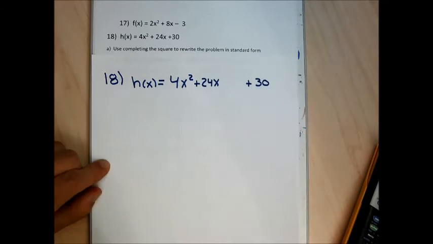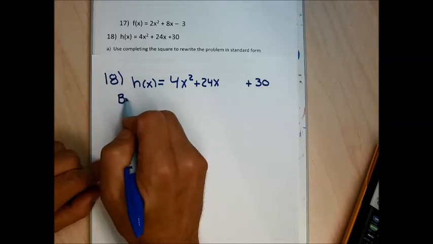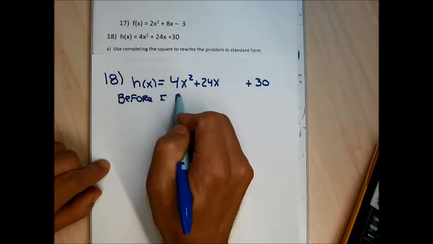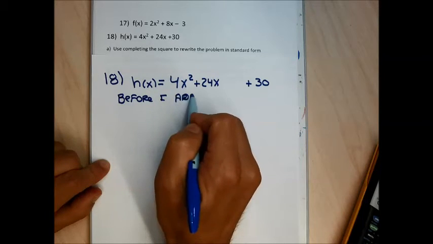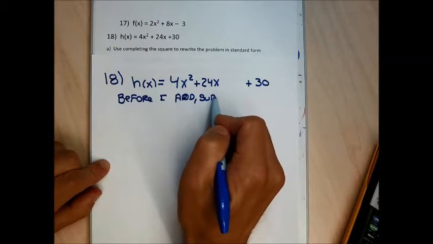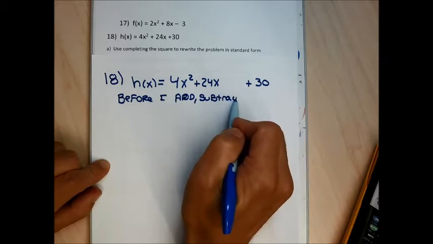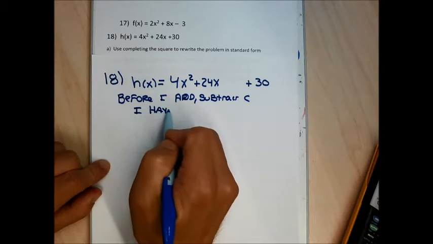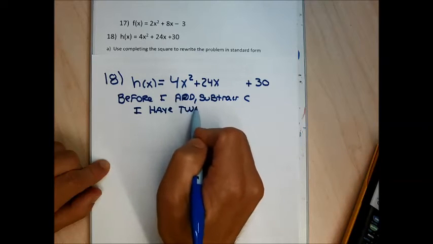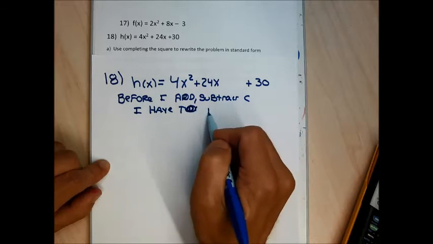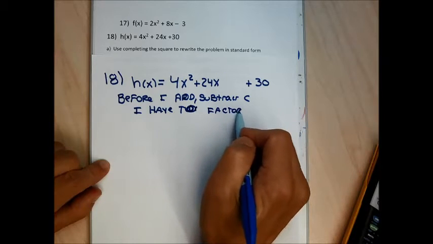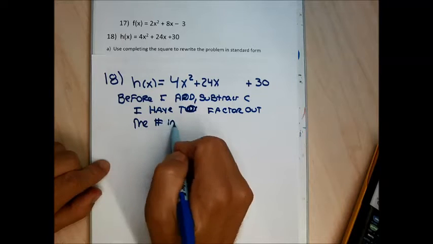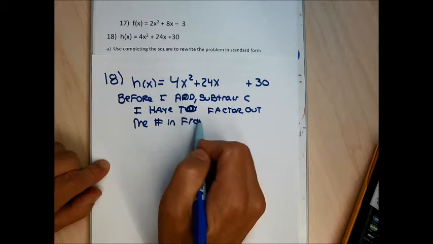And very specifically, before I add and subtract c from both sides, I have to factor out the number in front of the x squared term.